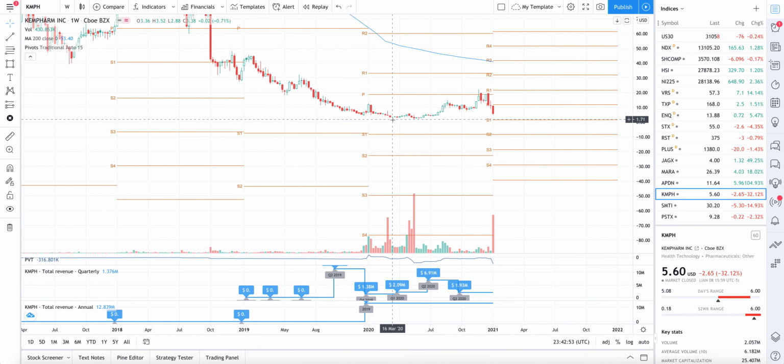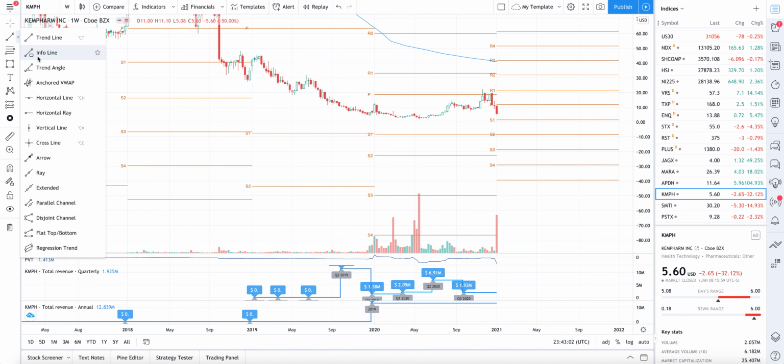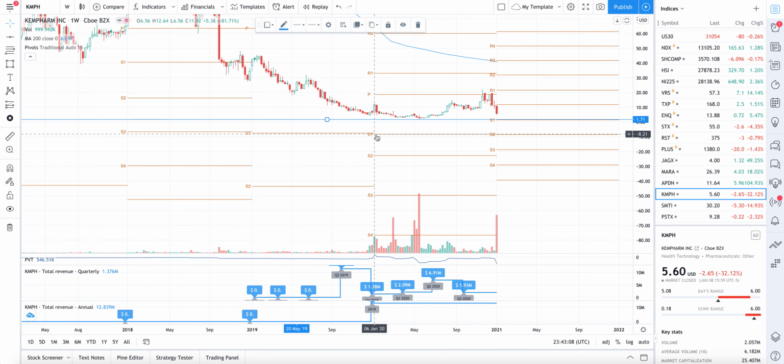We do have the previous year low over here, which sort of aligns with the S1 yearly pivot as well. So that's going to be a key level for us to keep an eye on. So one to watch there. That's ChemFarm.